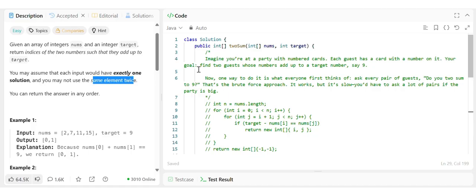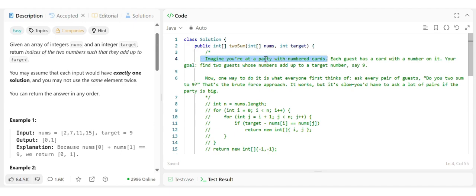Now, imagine you are at a party with numbered cards. Each guest has a card with a number on it. Your goal is to find two guests whose numbers add up to a target number, say 9.